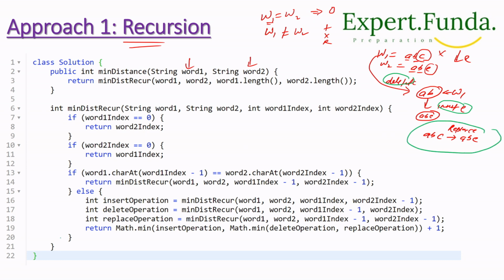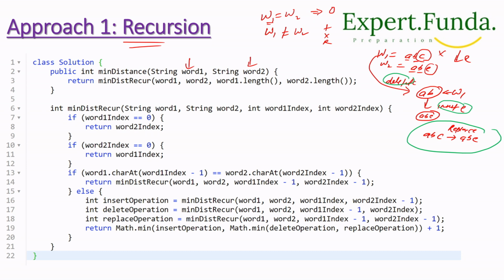The goal is to choose the option to transform word 1 into word 2 with the minimum number of operations, and we'll see how we can do that. For that we try to perform them one by one, and check which approach to use.